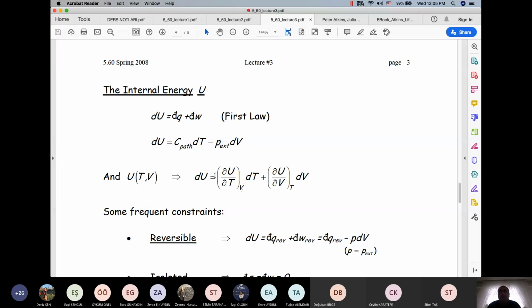Okay, so mathematically, that means that if I fix the volume, the energy changes with temperature: the rate of change of energy at constant volume times the temperature change, plus the rate of change of energy with volume at constant temperature times the volume change.